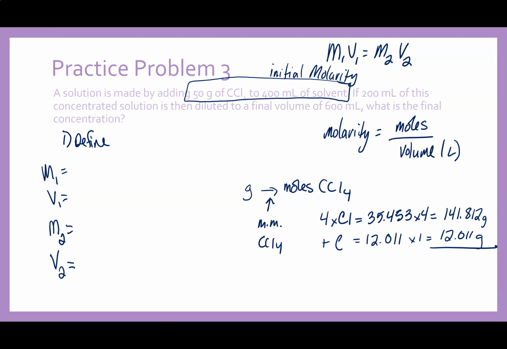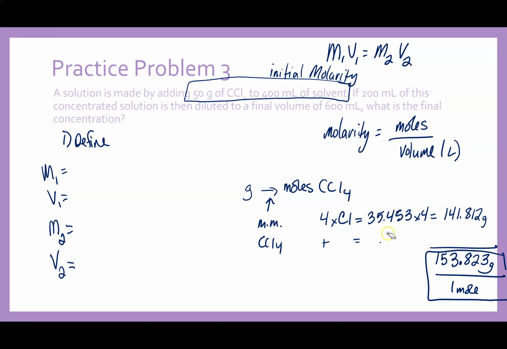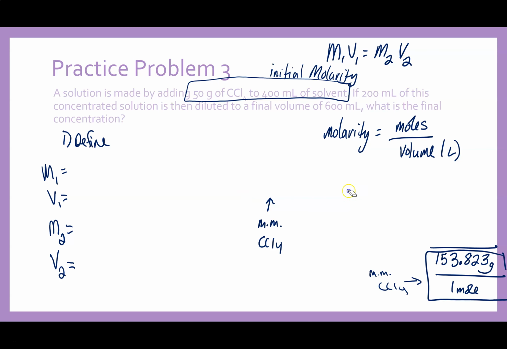I'm going to get a molar mass of 153.823 grams. And this is all the number of grams in 1 mole. All right, I'm going to erase some of this because hopefully this is all review. And I'm going to leave this down here for now.